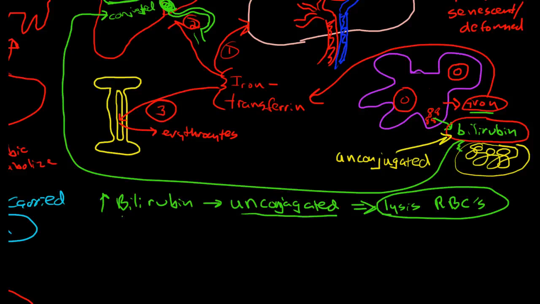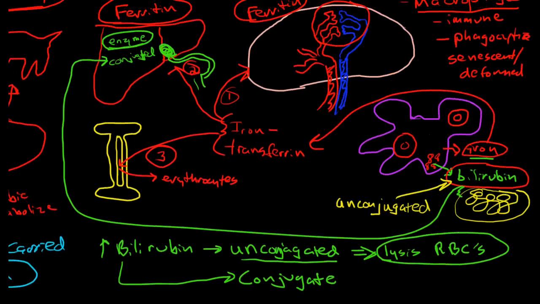If you have hyperbilirubinemia that is primarily conjugated, this has to do with a problem with the gallbladder. So we've got maybe a blockage here in the gallbladder, so bile is not being excreted, and the bile is backing up into the liver and getting absorbed into the bloodstream.